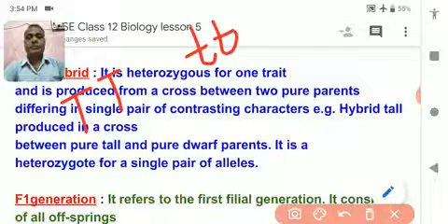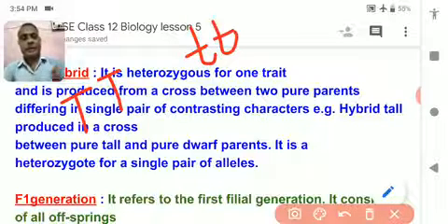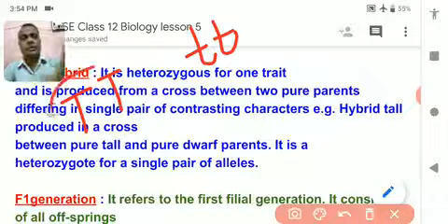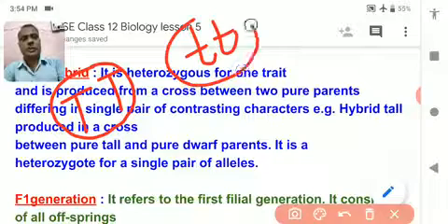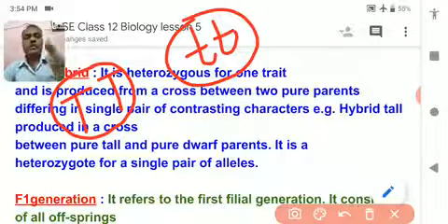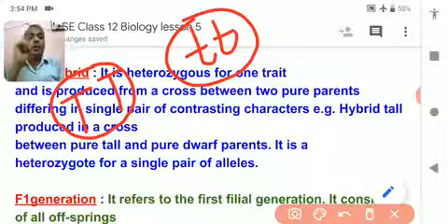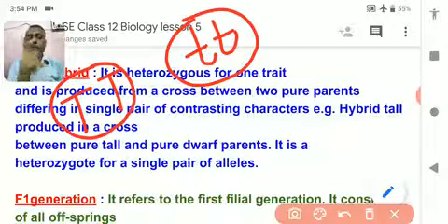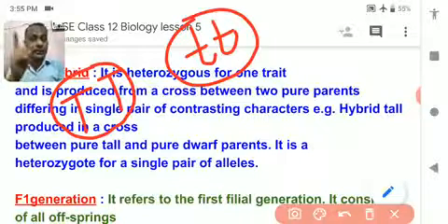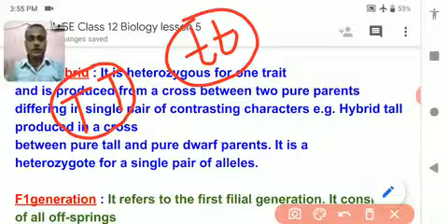Suppose we have chosen the character height of the pea plant, and the two different traits of the character are tallness and dwarfness. If these two opposite traits are crossed, only a single character has been chosen over here, that is the height of the plant.